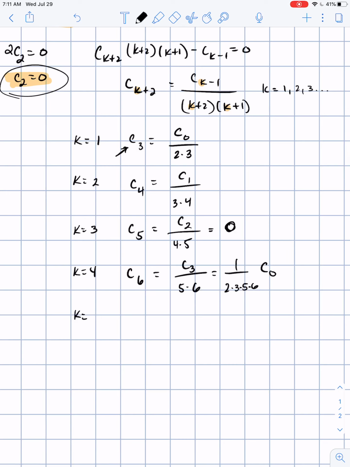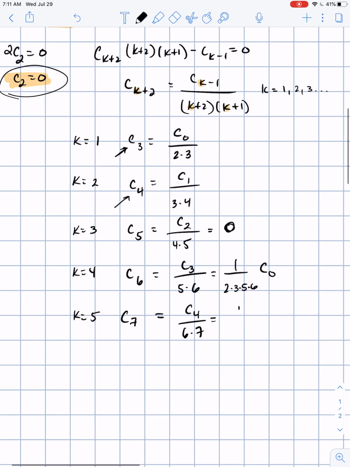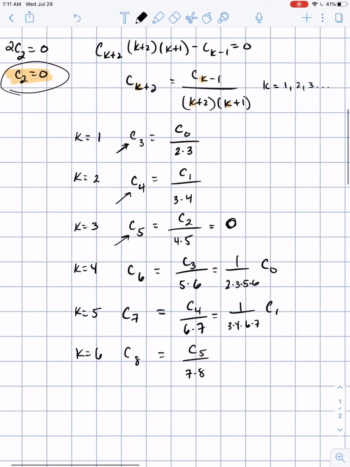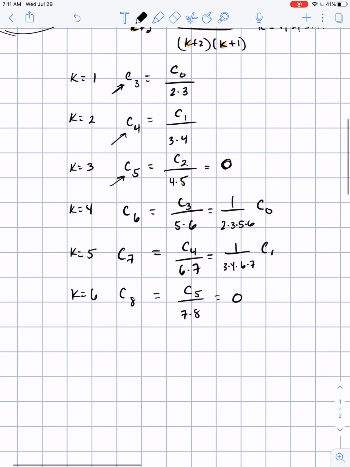So k is going to be 5, so c sub 7, c sub 4 over 6 times 7, but again, here I have c sub 4, so it's 1 over 3 times 4 times 6 times 7, and then that's c sub 1. K equal to 6, c sub 8, it's going to be c sub 5 over 7 times 8, but again, because c sub 5 is 0, this one is 0 as well.